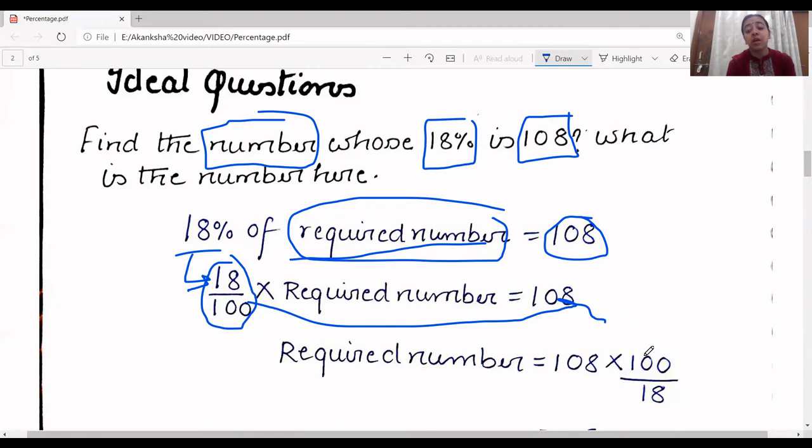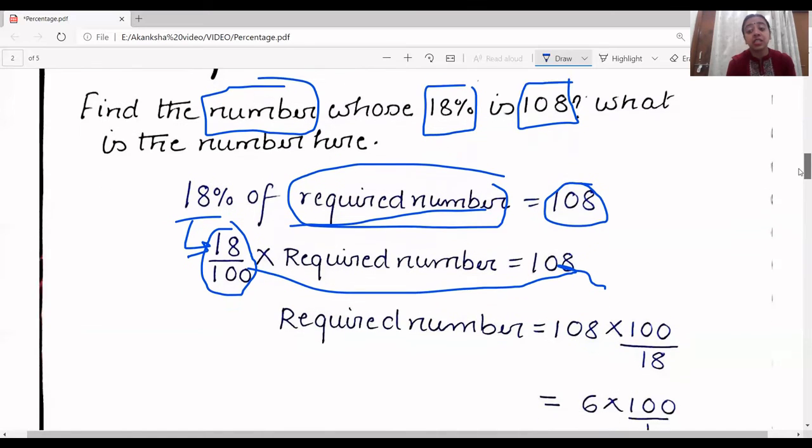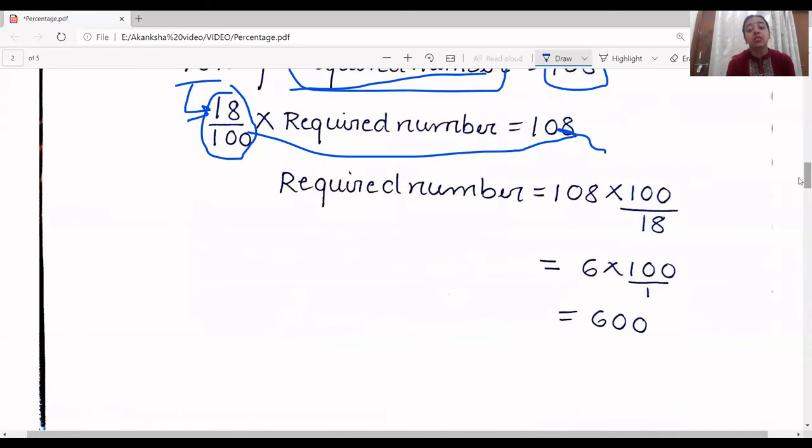So 100 will come up, 18 will come down. Now we'll be calculating this value. So 108 into 100 upon 18. When you calculate this, 18 sixes are 108. So you get 600. So 600 is the number whose 18% is 108.